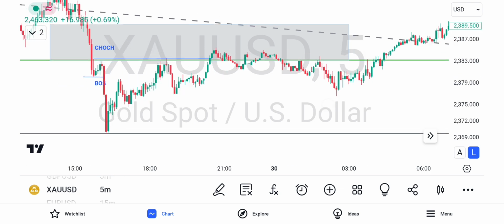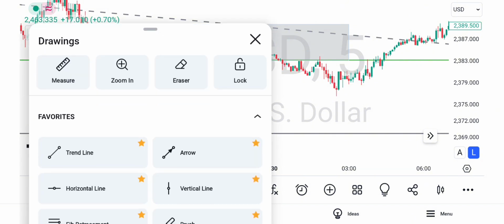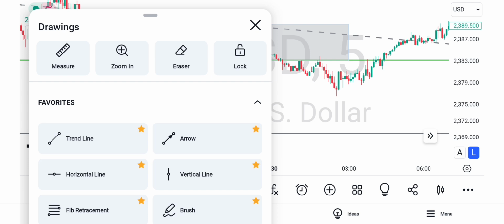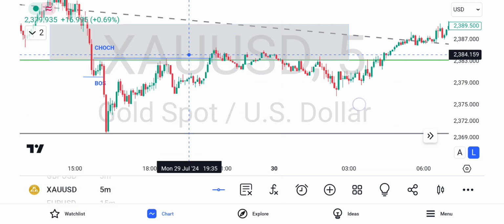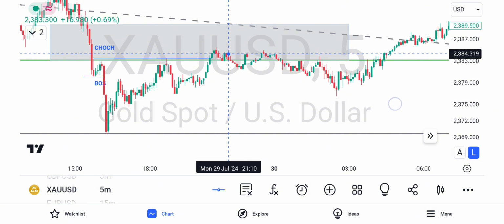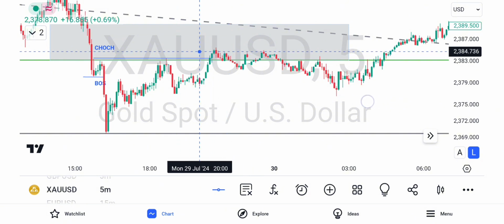Clear and precise. Now, after we get this, remember initially we would have entered our trade around our change of character, which will just give us a short sell. However, in this case now we are looking for quality trades.